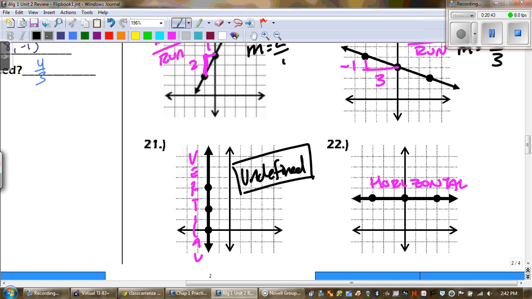The slope of a horizontal line is m equals what? Does anyone know? Well, it's m equals 0. Sorry guys, my pen is kind of being uncooperative. So you should have m equals 0. Or if you want to just write it out, you can write it out too.